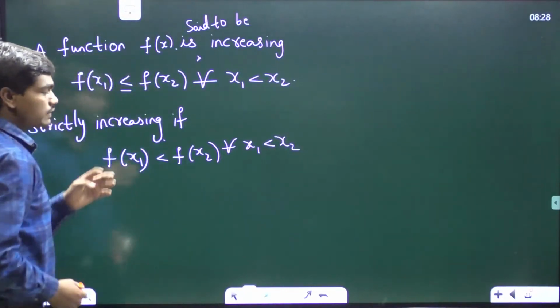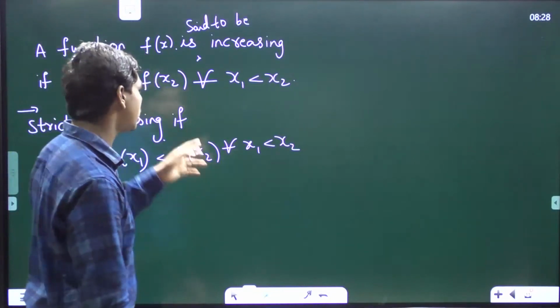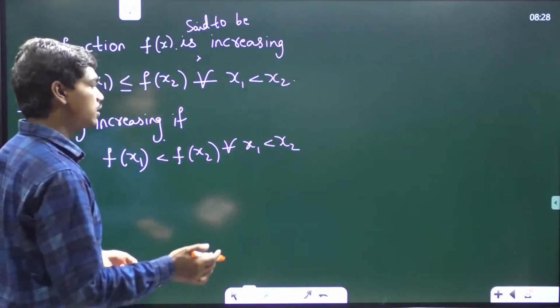The basic difference between these two is that I have removed the equality sign here, because if you want to be strict, you don't allow any leeway.